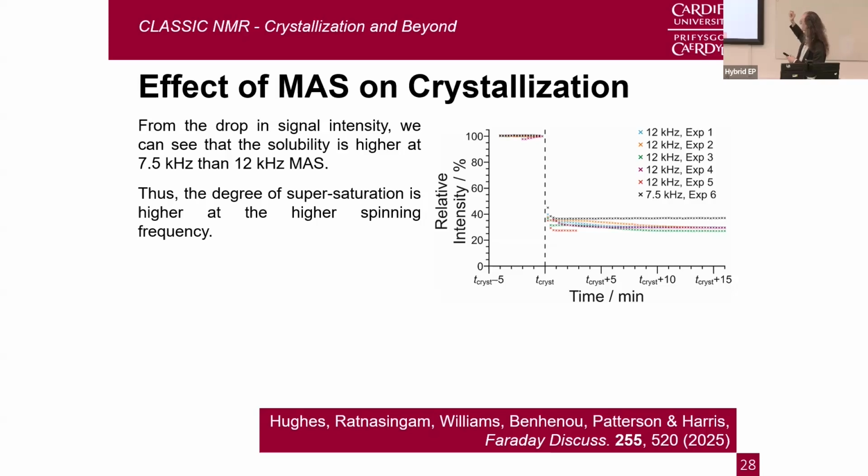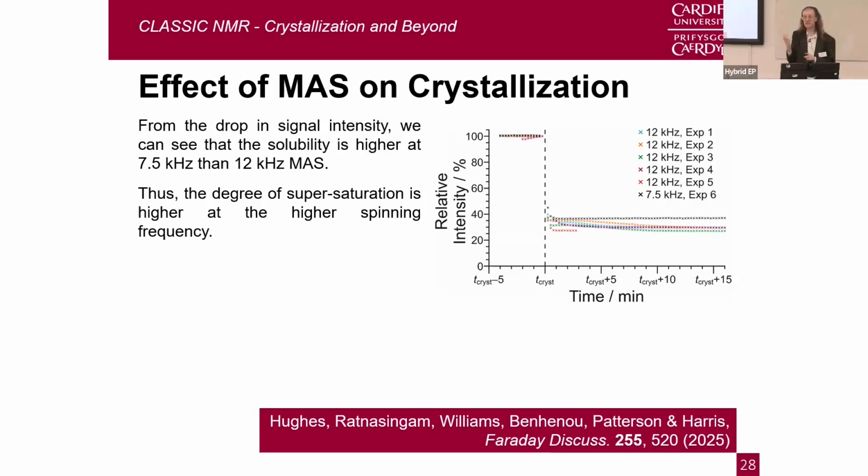Because with a higher solubility at 7.5 kilohertz, the supersaturation, the difference between the solution where it's been cooled but is yet to crystallize and the solution after it's crystallized, is bigger at 12 kilohertz than at 7.5 kilohertz. And the degree of supersaturation has long been recognized as one of the key factors in driving nucleation.